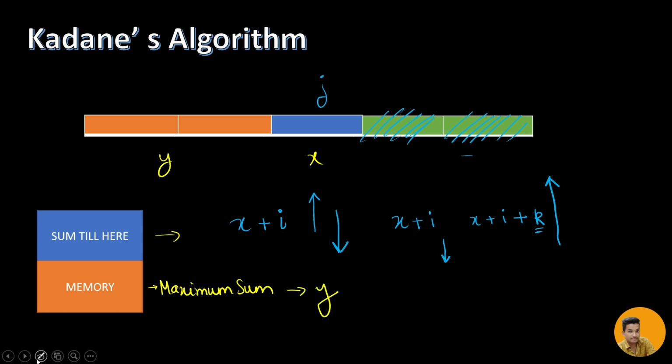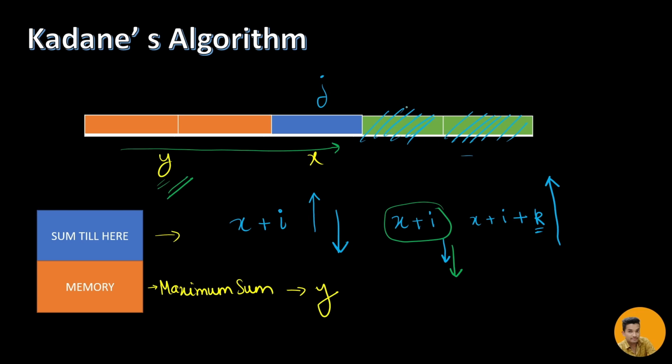Now you see the comparison. As the sum till here was x, I added I, it went down, and at this point the maximum contiguous sum is y, right? Because adding this is pulling it down. So the maximum sum is y.